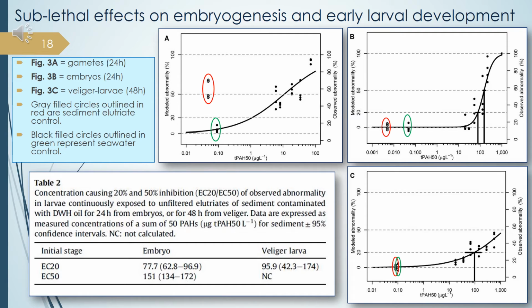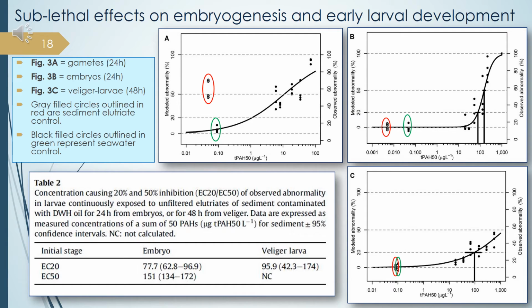A high percentage of abnormality in larval development from exposed gametes to sediment elutriate control did not allow for determining the EC20 and EC50 values, so that's why you don't see those. The low percentage of abnormality at the highest doses of sediment elutriate tested in the veliger exposure did not allow for calculation of the effective concentration 50 value.